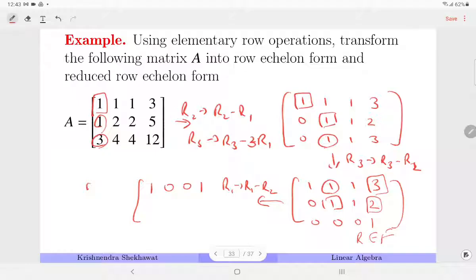Then I can also choose R2 changes to R2 minus 2R3, and that gives you 0 1 1 0, and the last one is 0 0 0 1. This is my required RREF, which is unique, of course.